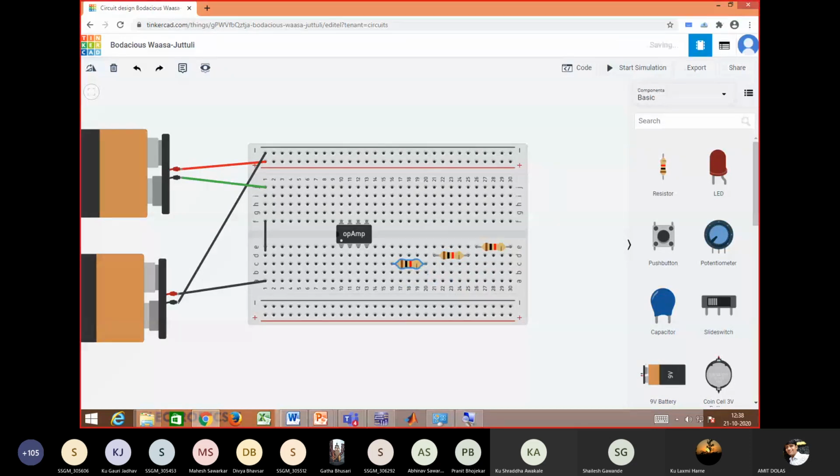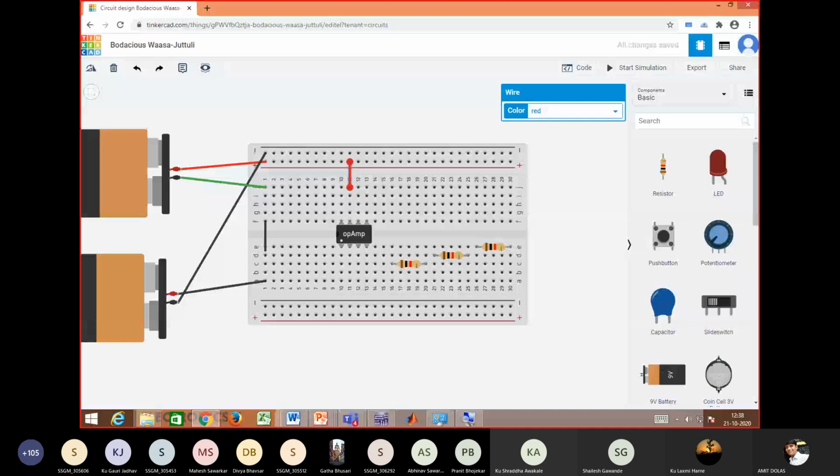The points of all three should not be together. So here I'll first connect the positive of the supply, that is pin number 7 is the positive. So positive is connected here. I'll mark it red so that identification is possible. Then pin number 4 is negative.